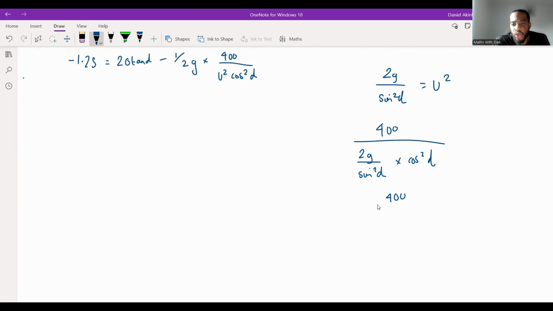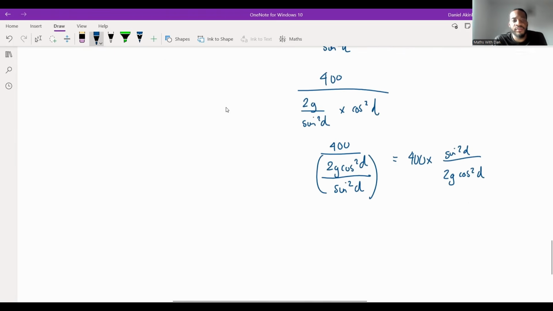That's going to be 400 over 2g cos squared alpha over sine squared alpha on the denominator. Then I'm going to flip that over, so it becomes 400 times sine squared alpha over 2g cos squared alpha.